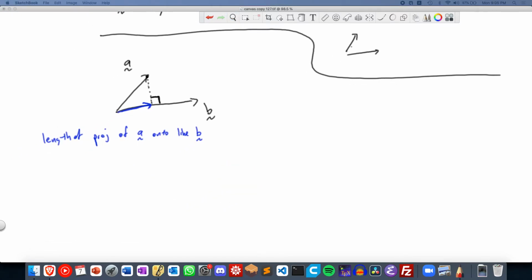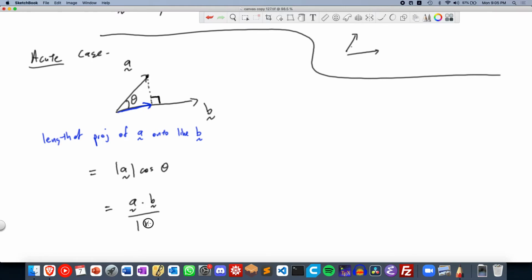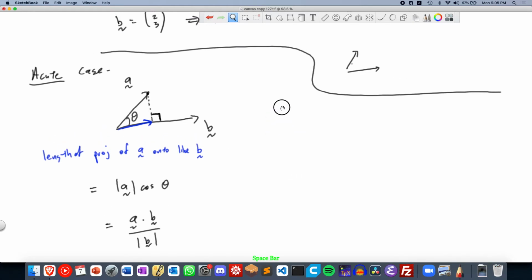It's equal to the magnitude of A cosine theta, where theta is this angle. This is for the acute case, so let's talk about the acute case first. This is actually just equal to A dot B divided by the length of B, by the definition of the dot product from above.